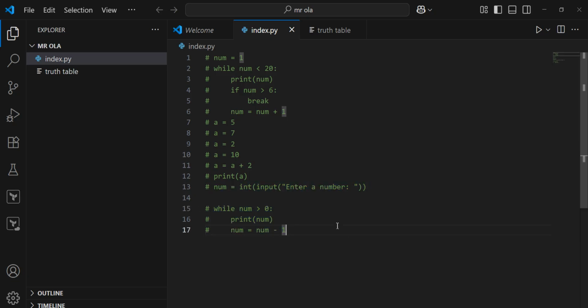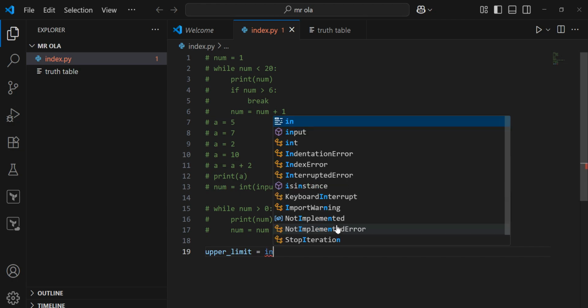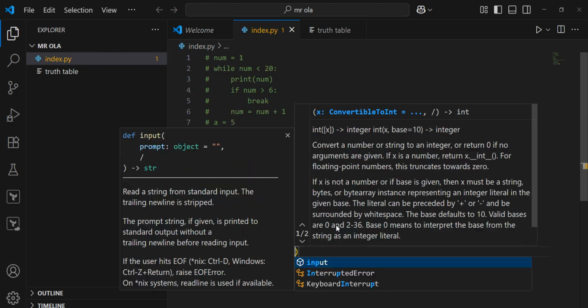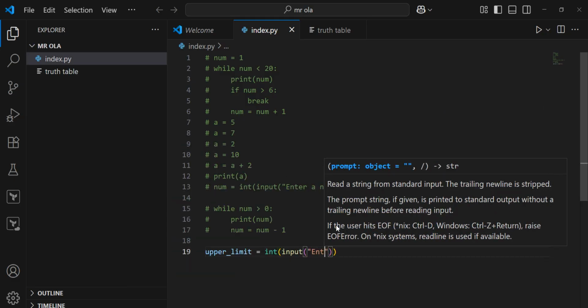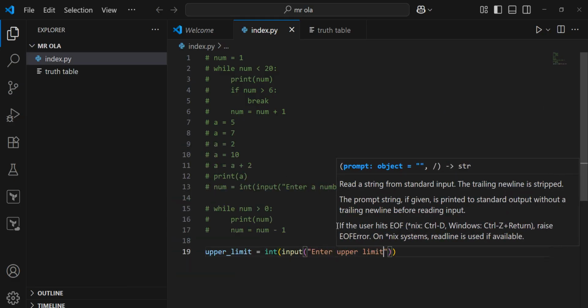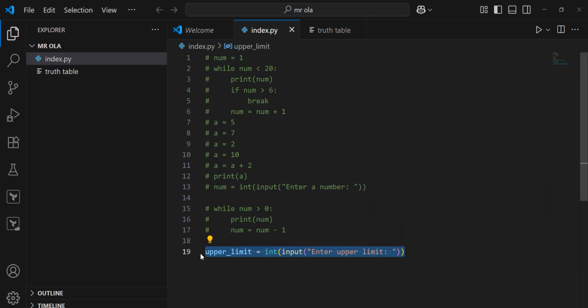Question in the first: tell the user to enter the upper limit. Upper limit. Second.